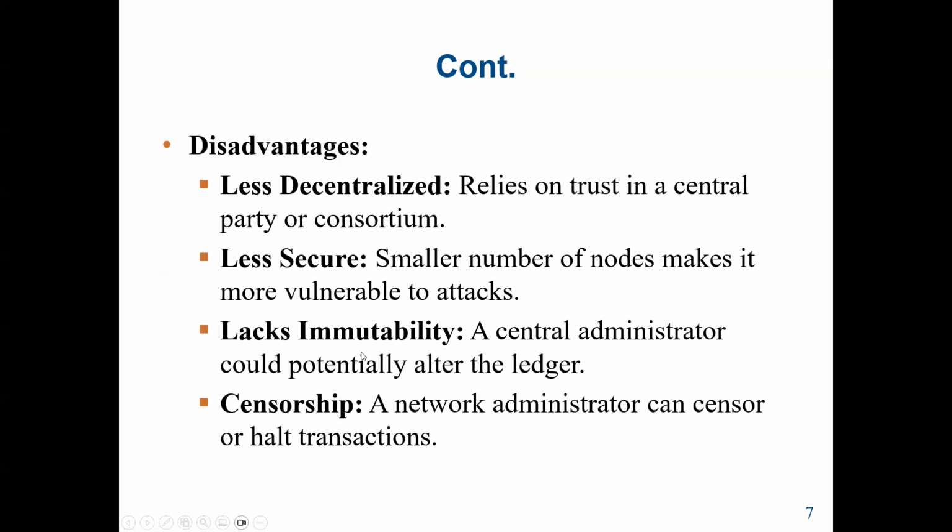Also it lacks immutability, so a central administrator could potentially alter the ledger. Also, censorship: a network administrator can censor or alter transactions.